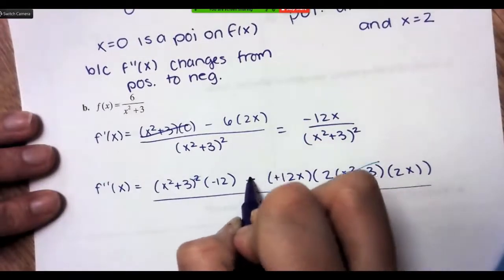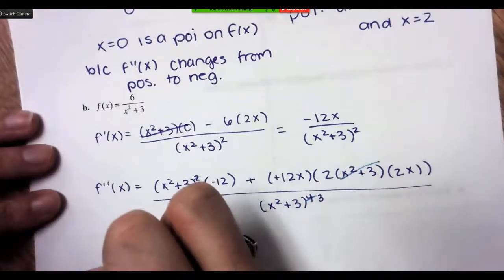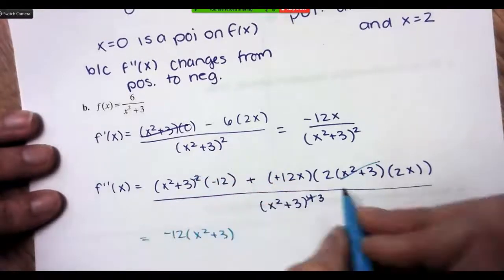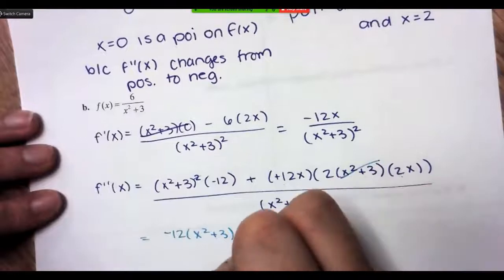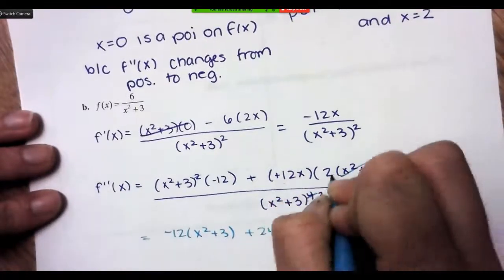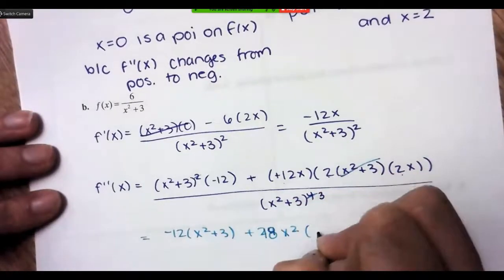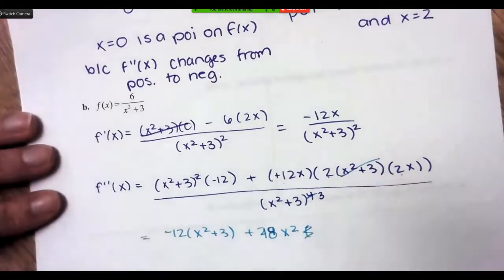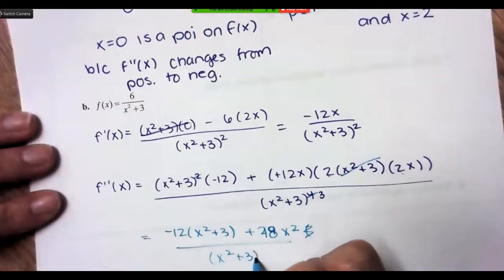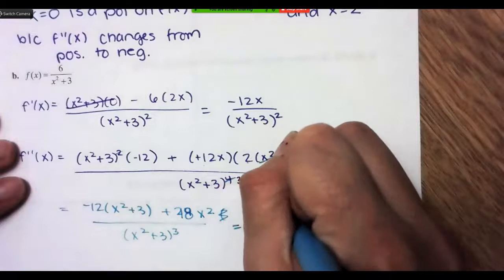Negative times a negative is a positive. So that's going to simplify to negative 12 times x squared plus 3. And then 2 times 12 is 24x squared. Actually, there's another 2 in there, so I'm going to turn it to 48x squared. And that middle term is gone. All over x squared plus 3 cubed. Distributing that negative 12.